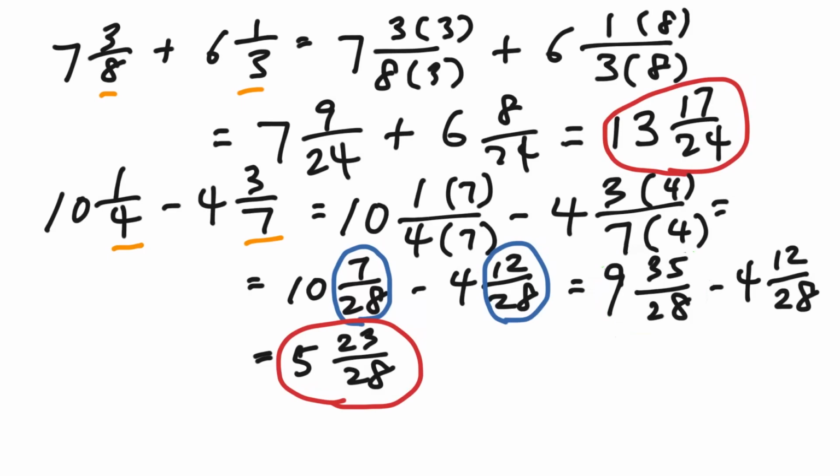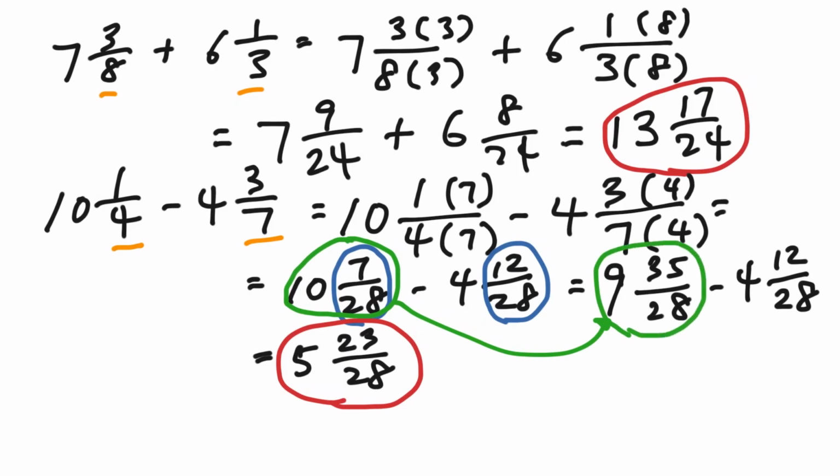Now we want to talk a little bit about how we went from 10 7/28 to 9 and 35/28. For every 1 that we borrow from the 10, it's 28/28. So originally it was 10 7/28.